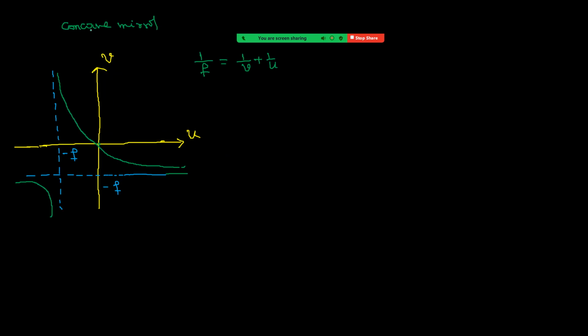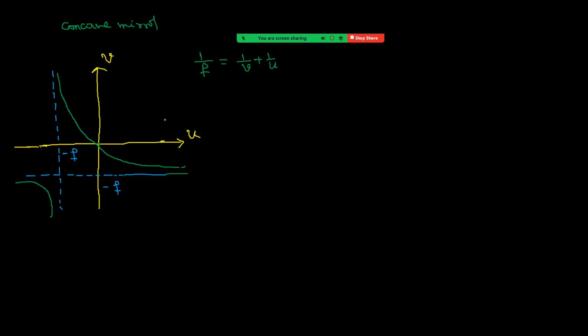And we have learned that according to sign convention, for concave mirror, F is negative. F negative means the sum of these two should be negative. But here U positive, V also positive. So both cannot be positive because the sum must be negative. That's why there is no graph in the first quadrant.